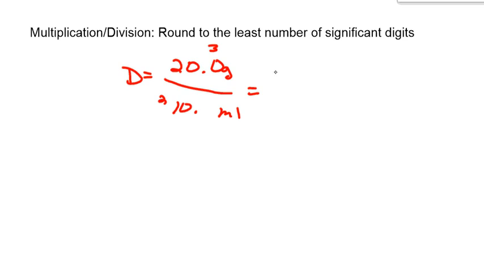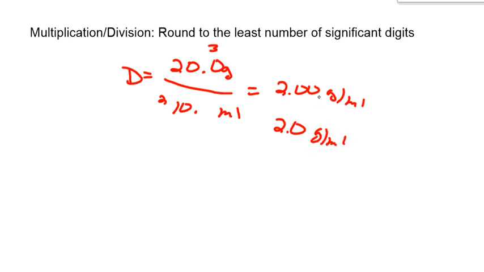So I'm going to divide these two out, and my answer is going to be 2.00 grams per milliliter. Now I need to round this correctly. 2 significant digits is my least significant digits. I come up here, I can keep the 2 and the first 0, so 2.0 grams per milliliter.